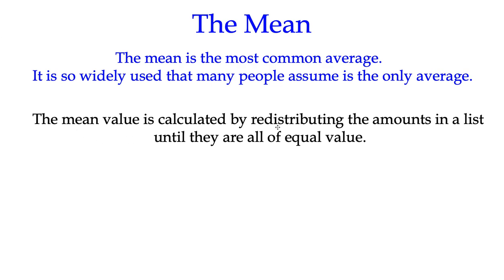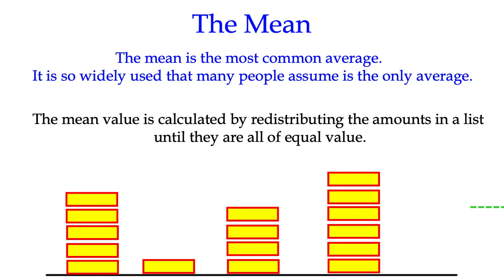The mean value is calculated by redistributing the amounts in a list until they are of equal value. So what I'm going to do is show you a picture. There are four piles of objects here, and let's have a look at the numbers, because I reckon you'll be able to work out the mean.